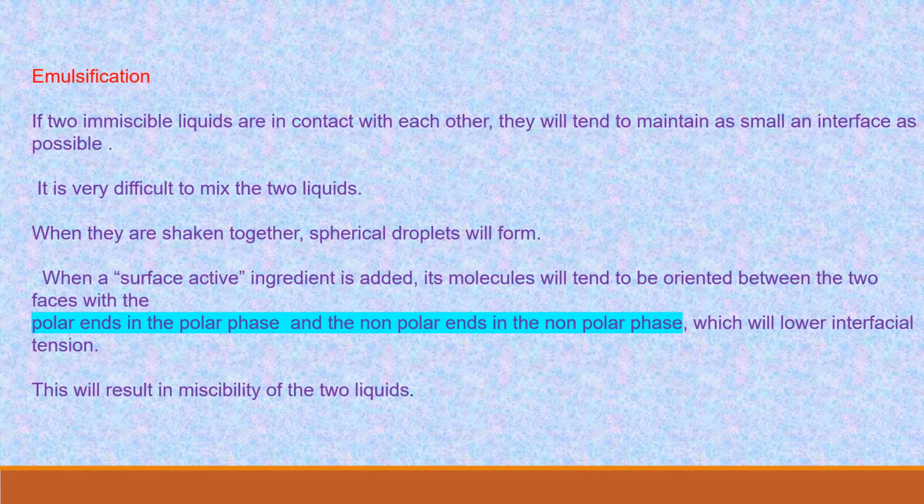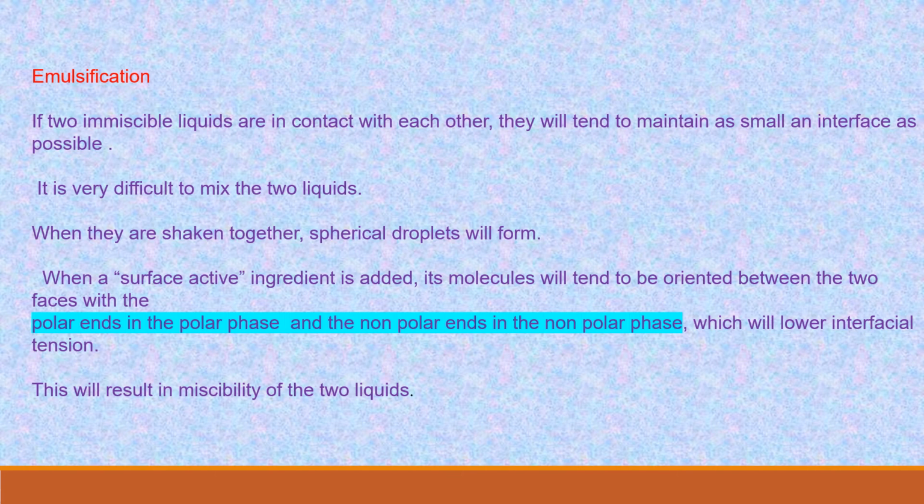Emulsification. If two immiscible liquids are in contact with each other, they will tend to maintain as small an interface as possible. It is very difficult to mix the two liquids. When they are shaken together, spherical droplets will form.